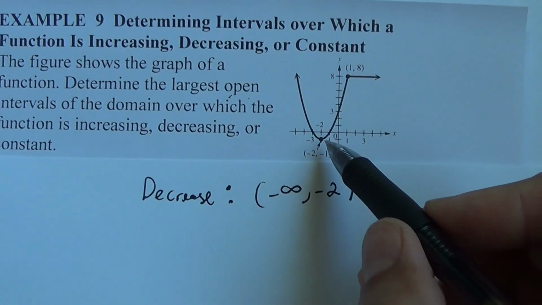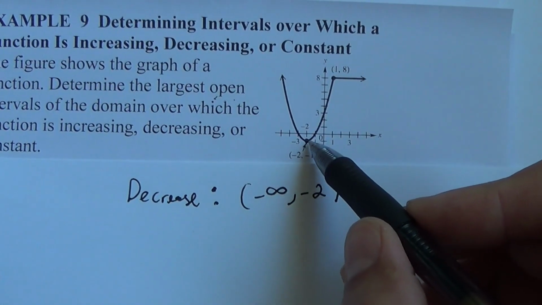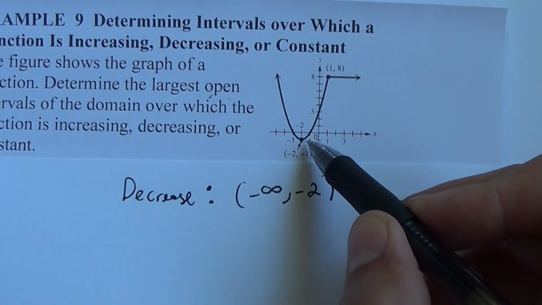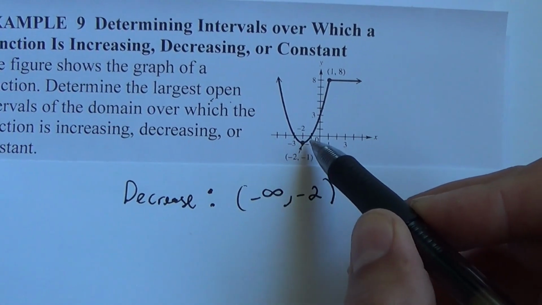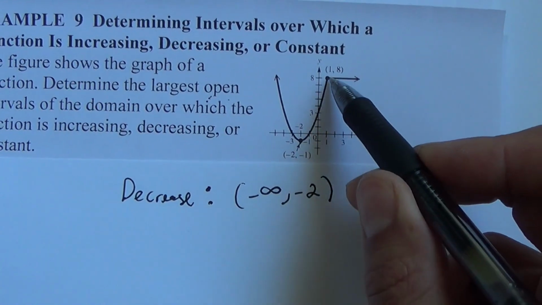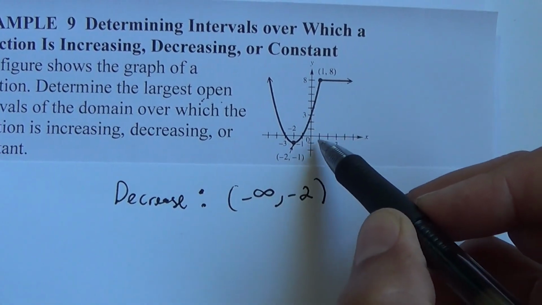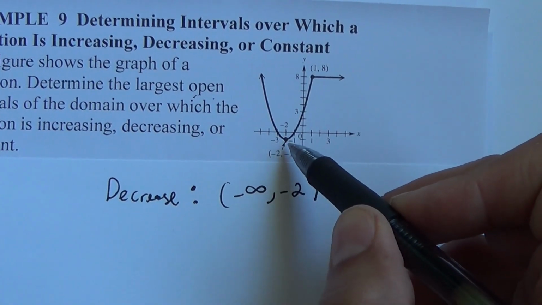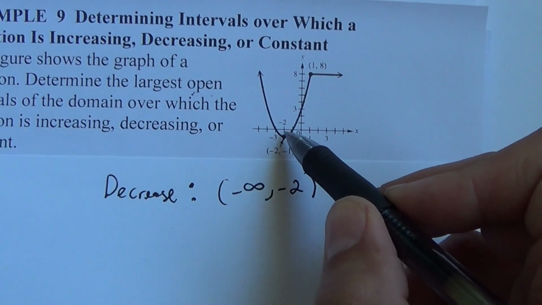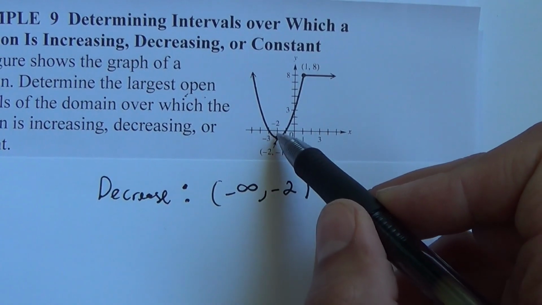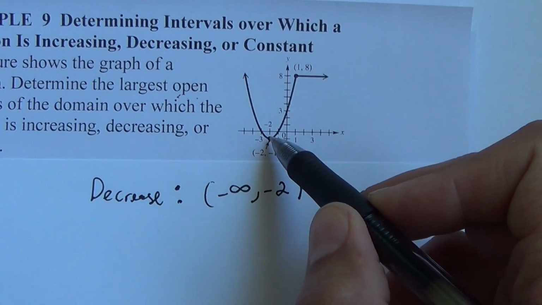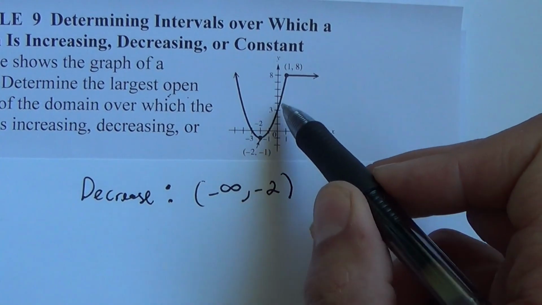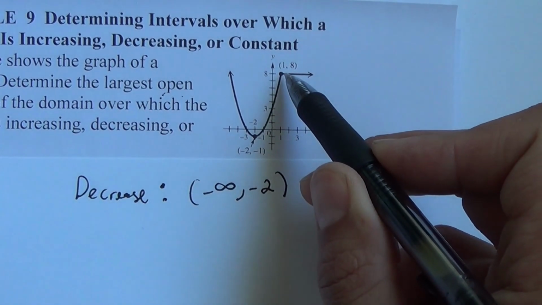If I look at the function going from left to right again, it's starting to increase from -2 to 1. And in order to figure out what values to use, I'm looking at the x coordinates. So in this case, it goes to -2 on the left side of the function when it starts increasing, and it stops at 1.